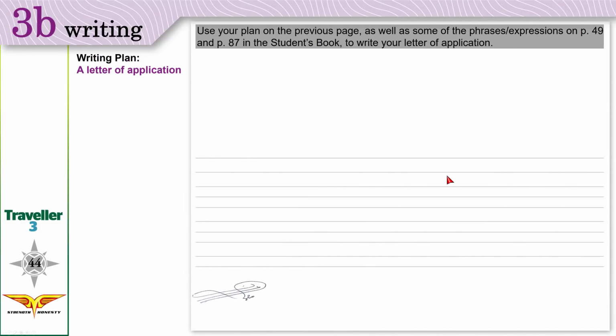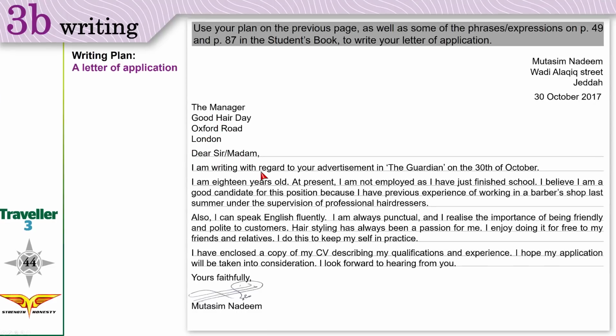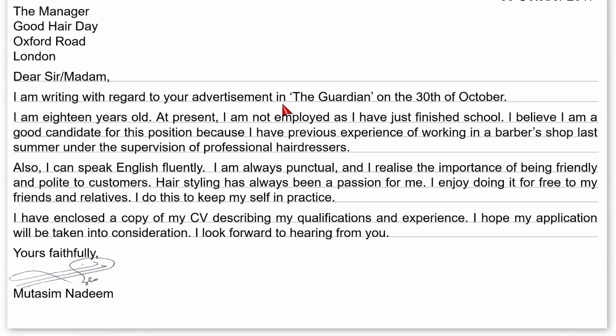Now, my actual letter. Use it for guidance, okay? Now let's read it. Here is my info, and the info I found in the advertisement. Dear Sir or Madam, I am writing with regard to your advertisement in The Guardian on the 30th of October. I am 18 years old. At present, I am not employed, and the reason is I have just finished school.